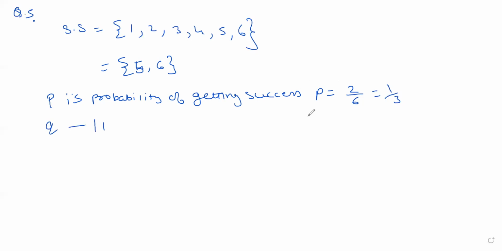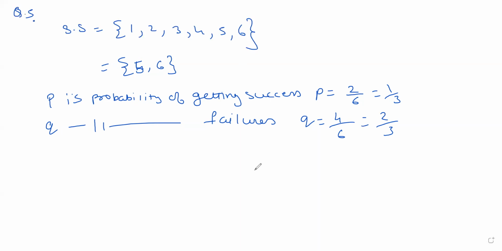And if Q is probability of getting failure, then Q will be, see, if success is number greater than 4, then failure will be number less than or equal to 4. So if you get 1, 2, 3 or 4, then it is 4 by 6, 2 by 3 is the probability of getting failure.